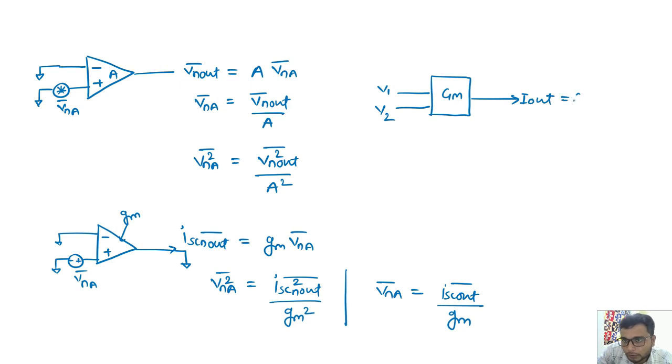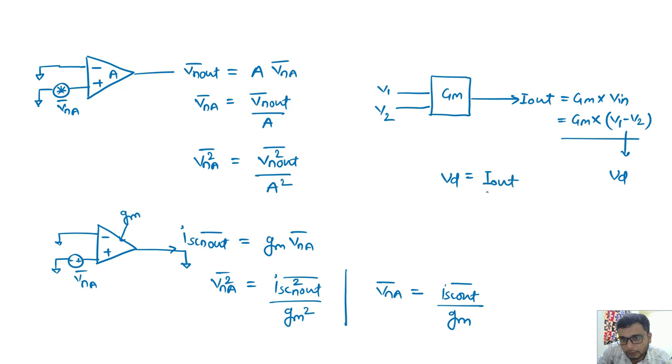I out is GM times the input differential, that is GM times V1 minus V2. This is the general relation. This differential voltage, or whatever input voltage, can be written as I out divided by GM. The same relationship I tried to write for this noise consideration.